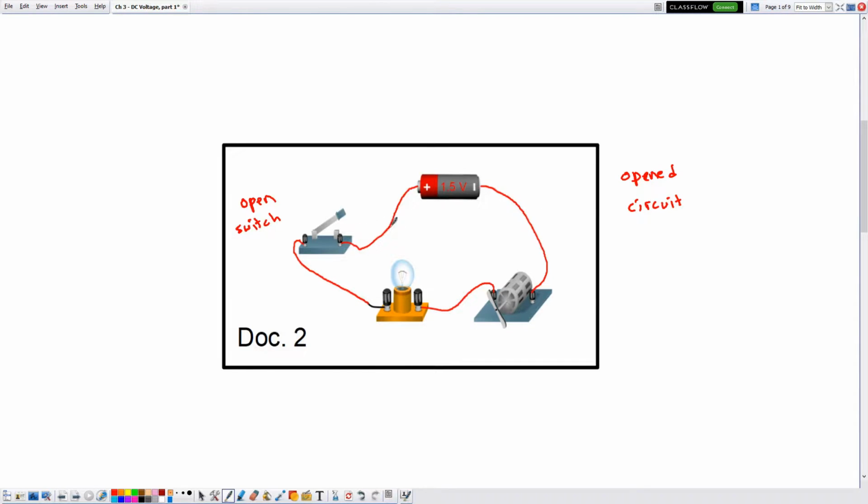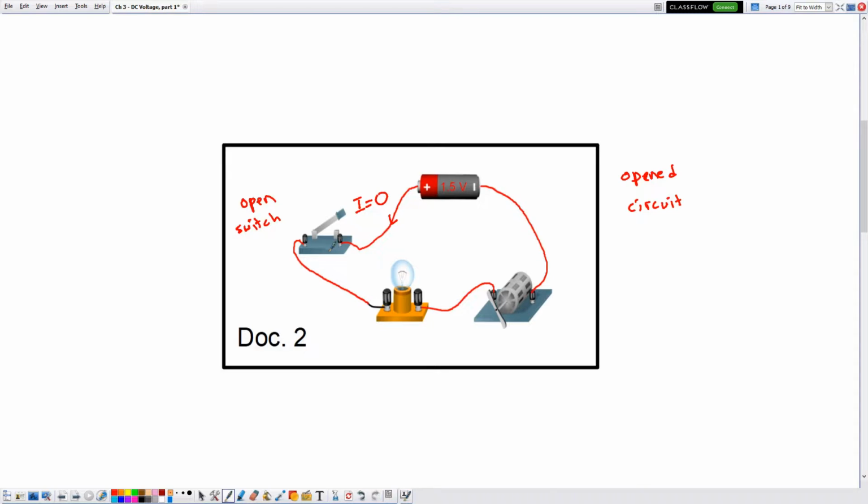Because this circuit is an open circuit, the battery is no more connected to the lamp nor to the motor. For this reason, the electric current I delivered by the battery will not reach the lamp and will not reach the motor. Therefore, the lamp will not glow and the motor will not rotate. So in this case, the value of the electric current I in this circuit is 0.